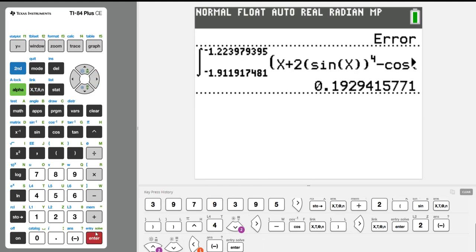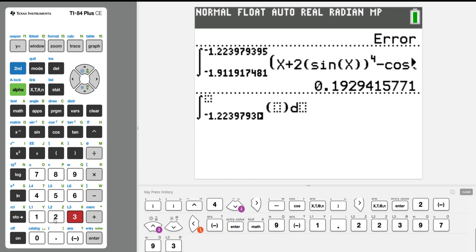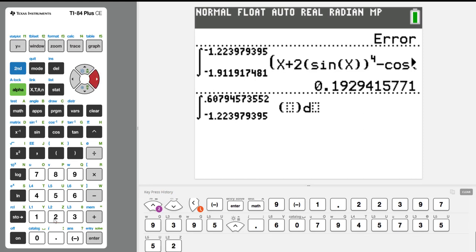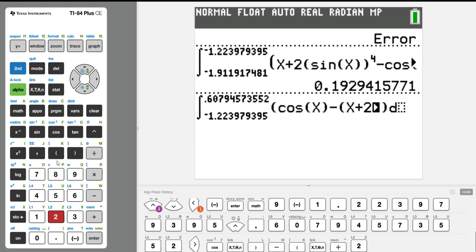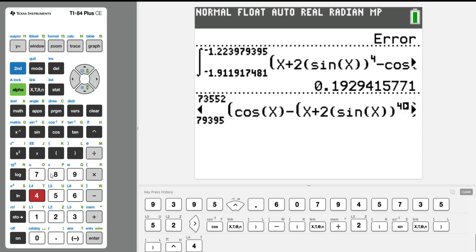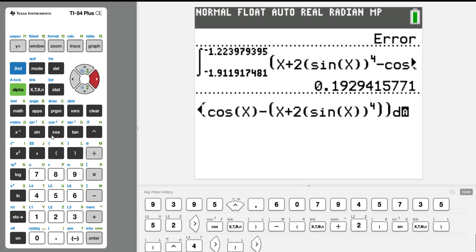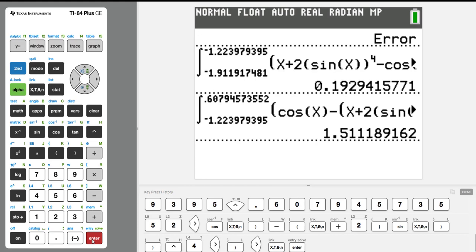Okay, so this is the first piece, that smaller area on the graph. So that's that second area, the larger area that was shaded in.